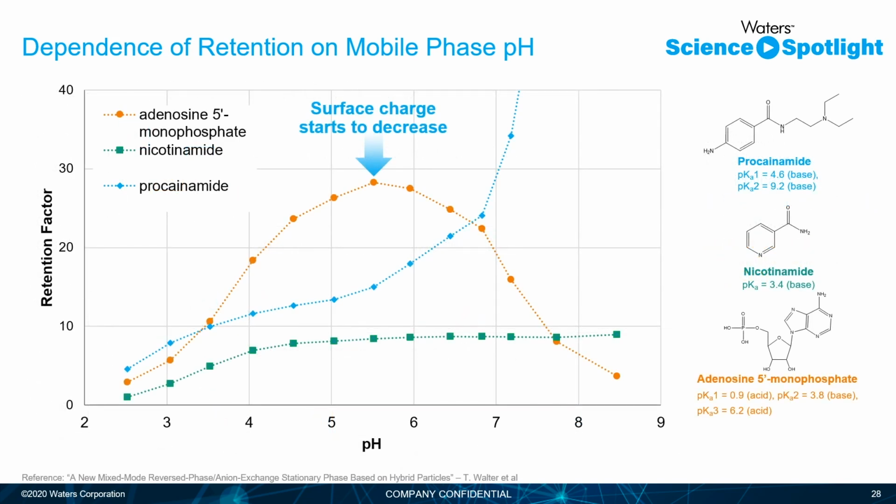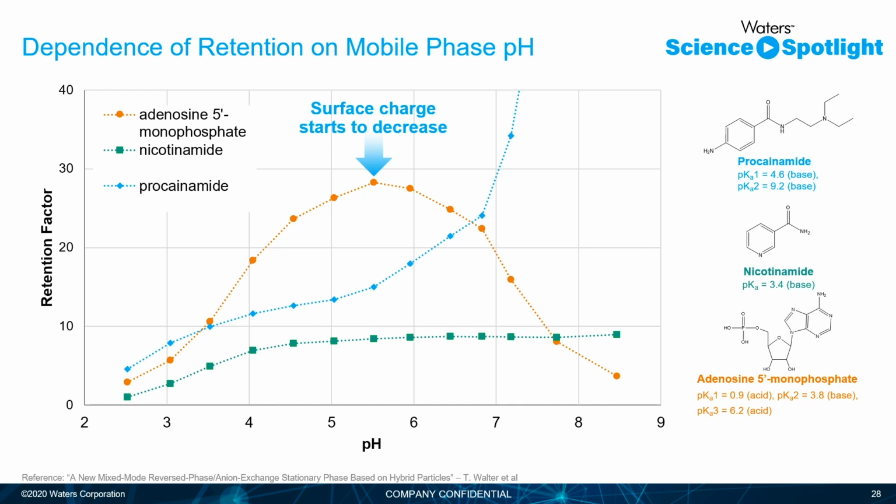If we continue to look at the dependence of retention on mobile phase pH, this graph shows the retention factor versus pH for those three analytes I talked about on the previous slide: the two basic analytes, procainamide and nicotinamide, and the acidic compound adenosine 5-monophosphate. If we start off looking at the acidic analyte, you can see that at low pH, it's not very well retained.